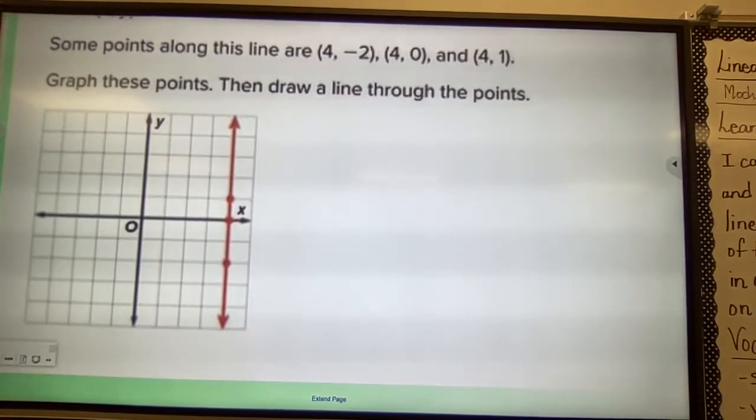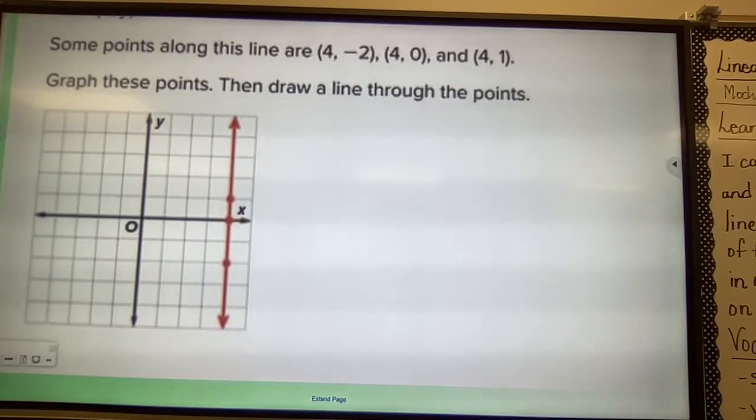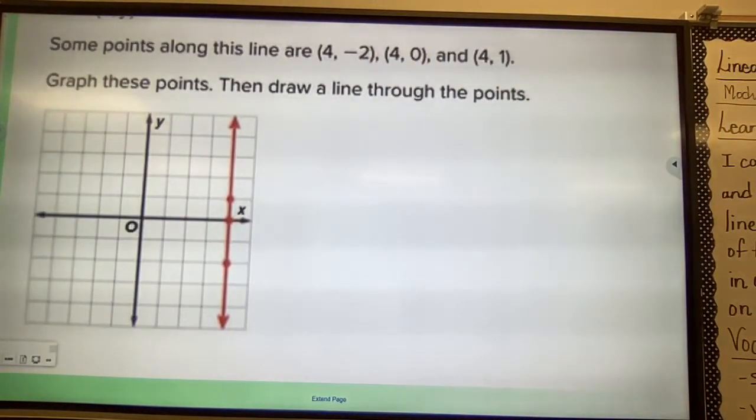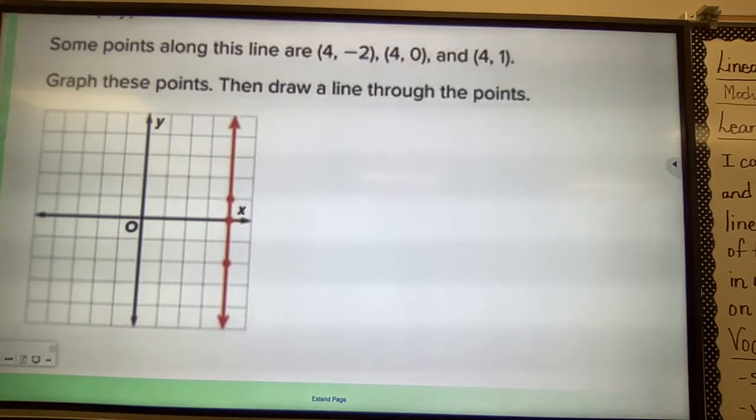So when a line is written in the form x = a, what kind of line is it? As we can see, it's a vertical line. And describe the slope of the line. Does the line have a y-intercept? The slope of any vertical line is undefined, and the line does not cross the y-axis.